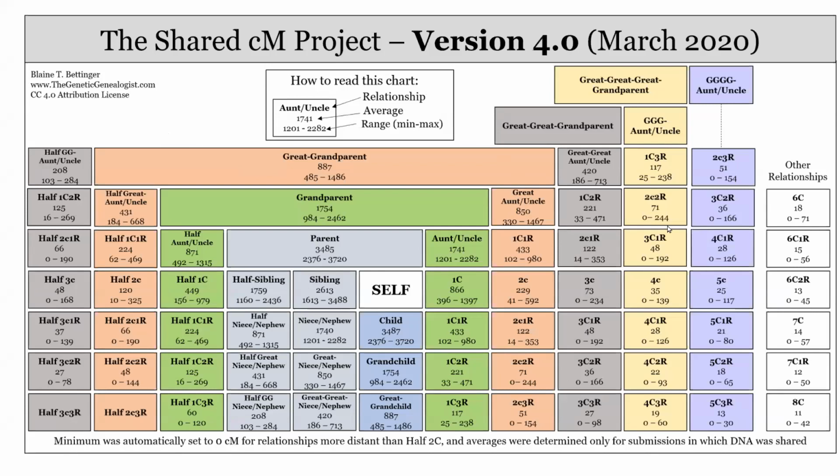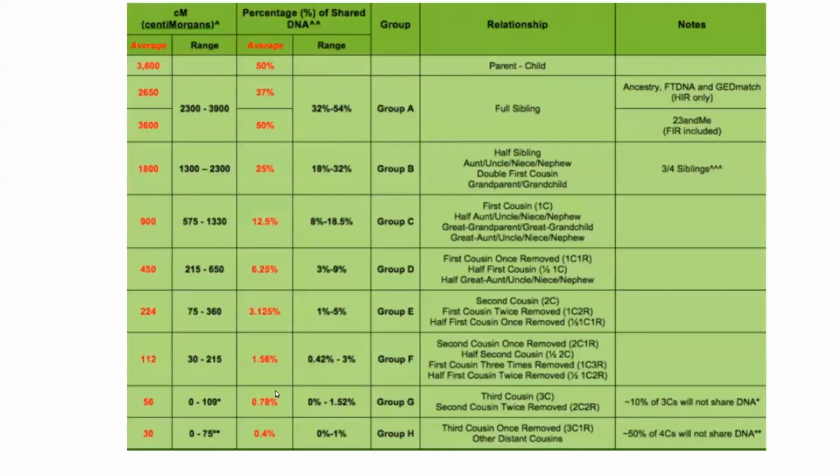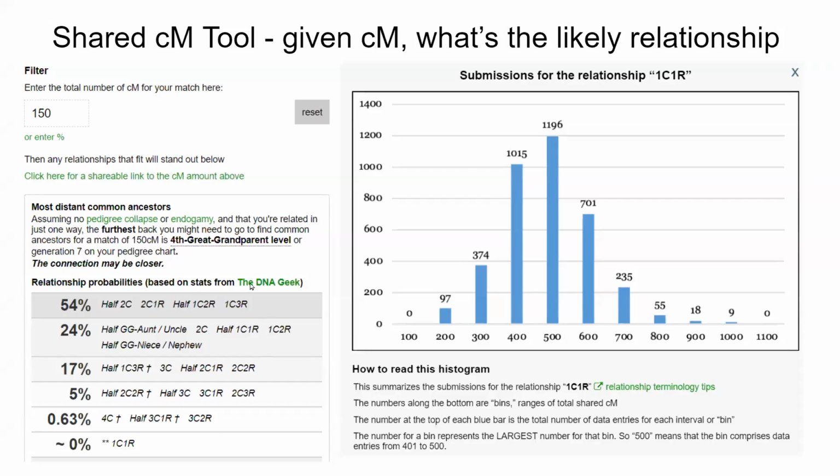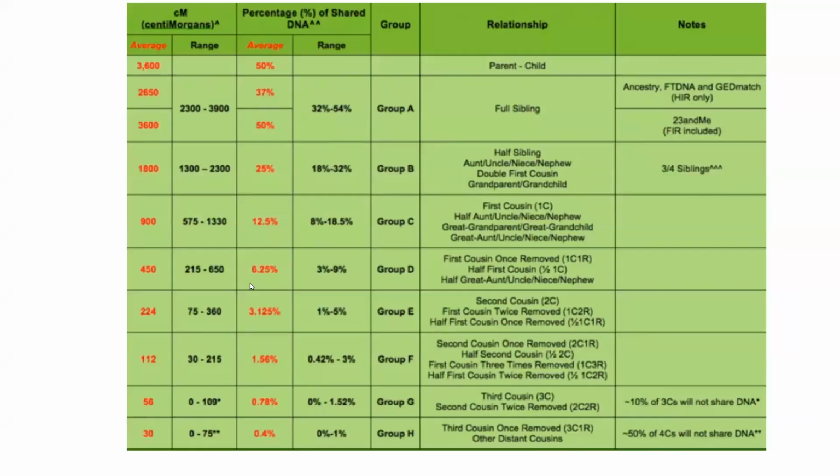So you have this information. Let's now look at actual DNA. You're going to find people like on 23andMe that don't have a tree, or you don't know who they are, et cetera, right?